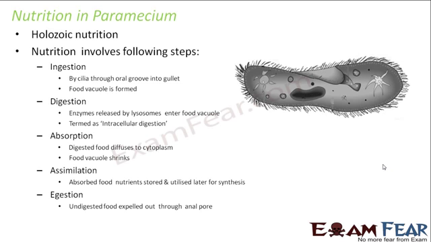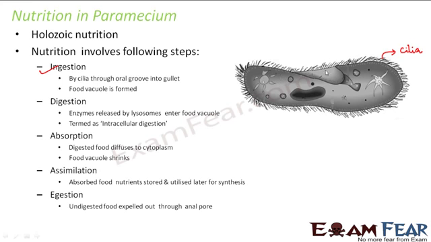The first step is ingestion. How does the intake of food take place in case of paramecium? By cilia through the oral groove into the gullet. What is cilia? Cilia are the fine hair-like structures on the outside. These are the cilia. What is the oral groove? Oral means mouth.